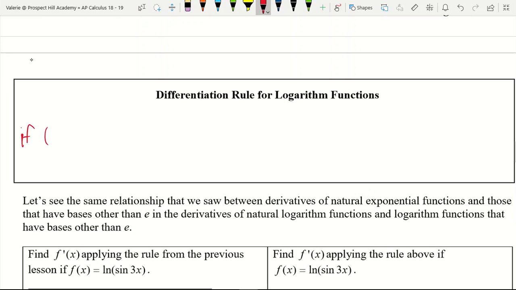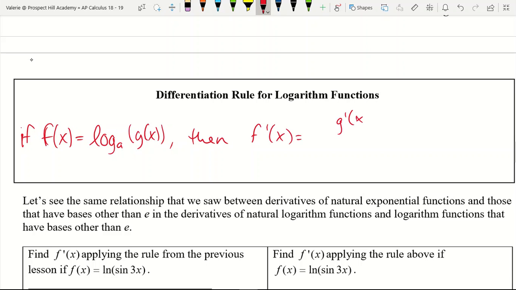So if f of x equals log base a of g of x, then f prime of x equals g prime of x over g of x times ln a. And for this, a must be greater than 0 and a cannot equal 1.